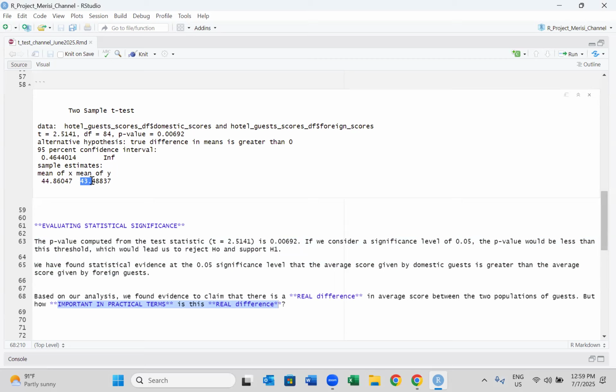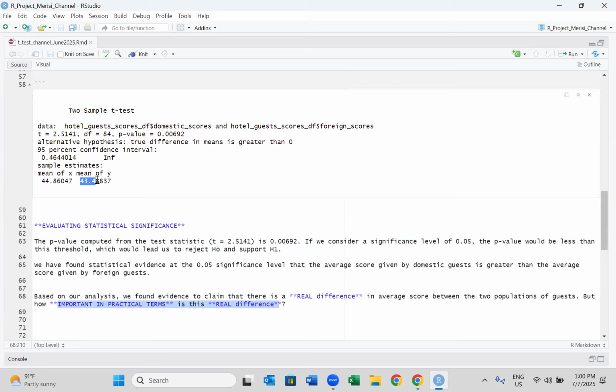But how impactful, how meaningful is that difference in practical terms? In other words, if you look at the difference between the average scores, it's about 1.5 units. So the difference between this value and this value is around 1.5. Does that even matter?